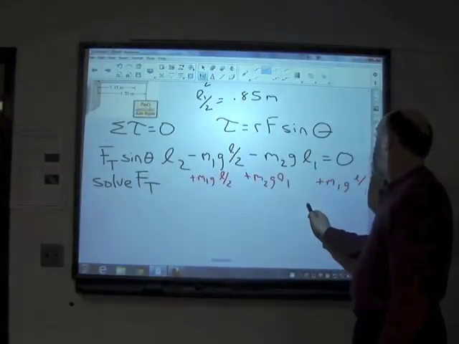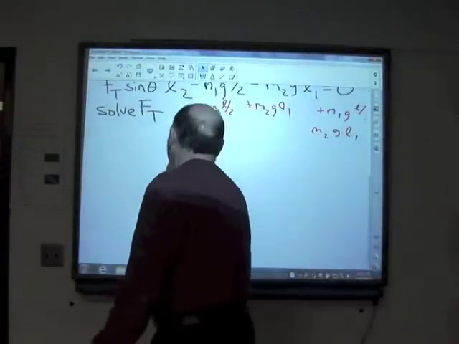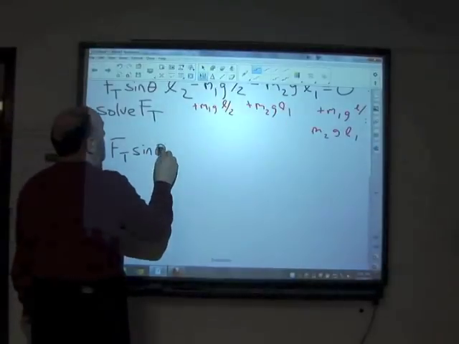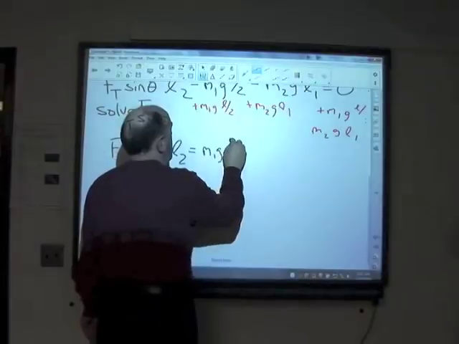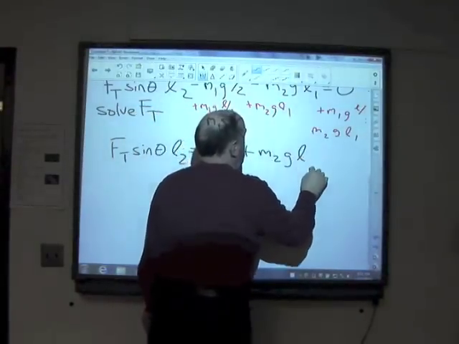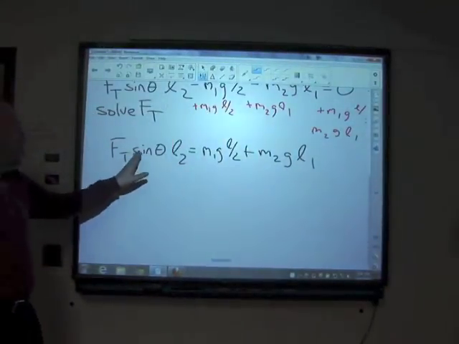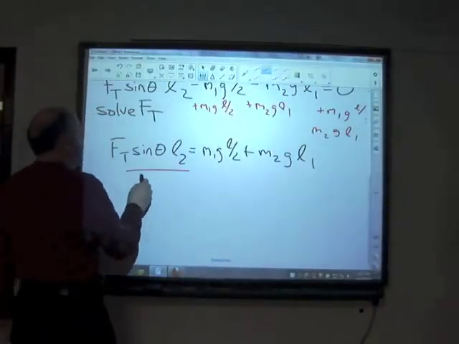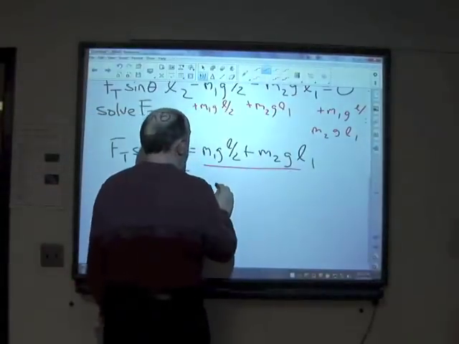And so we get Ft sine theta L2 is going to equal M1 G L over 2 plus M2 G L sub 1. Again, we want to solve for Ft. All of this is multiplying, and the opposite of multiplying is to divide, so we divide both sides by L2 sine theta.